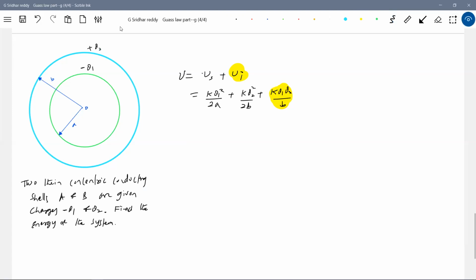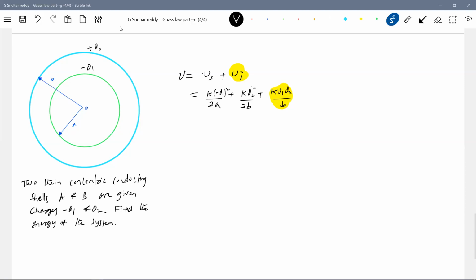To construct a positively charged system or a negatively charged system, I have to do mechanical work. Am I right? Either to construct a negatively charged body or a positively charged body, the external agent has to do mechanical work. So minus of Q1 whole square, what do you get? Let it be.